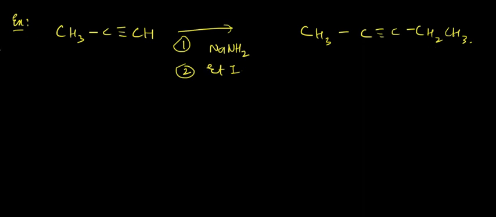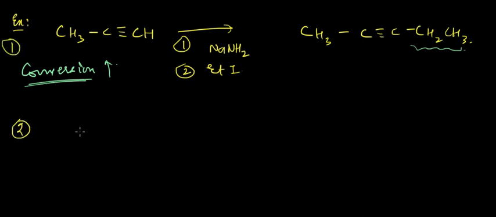So these examples are on conversion. Okay, so we had an alkene, and on that alkene we actually added an Et group. This was the first example.